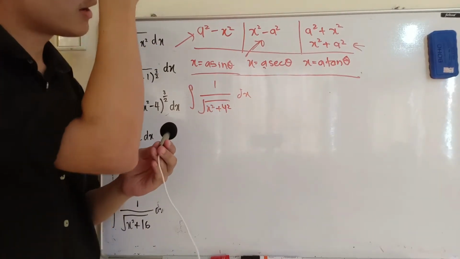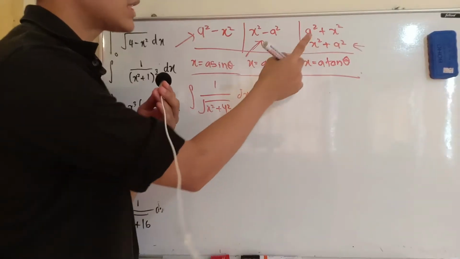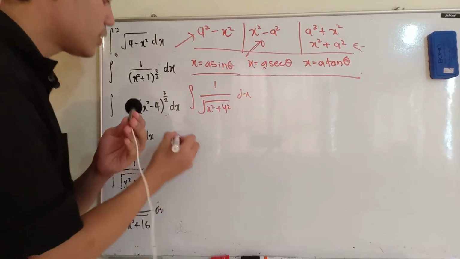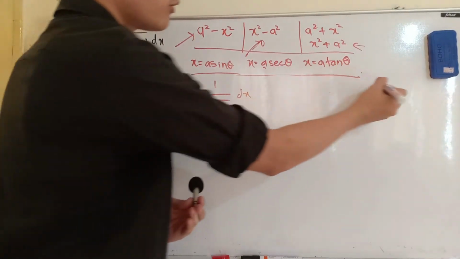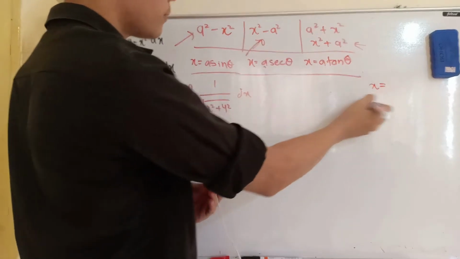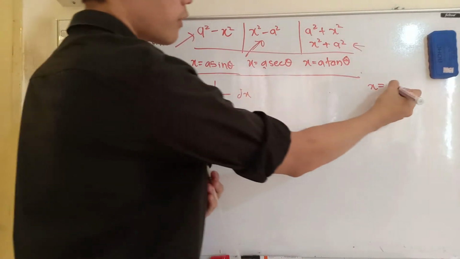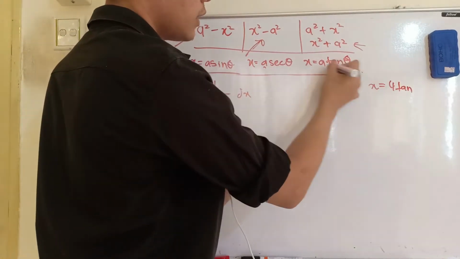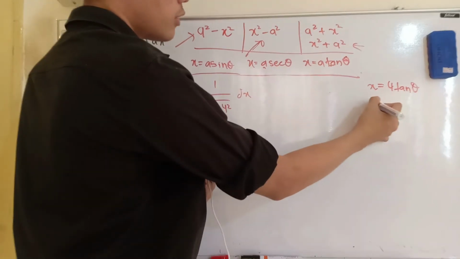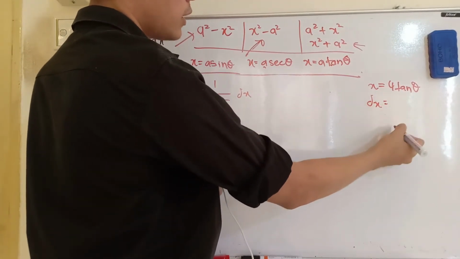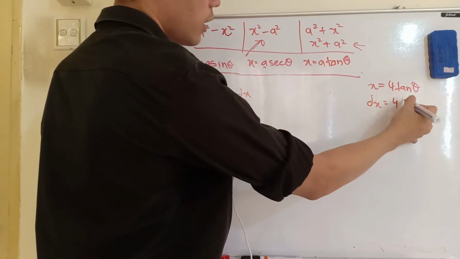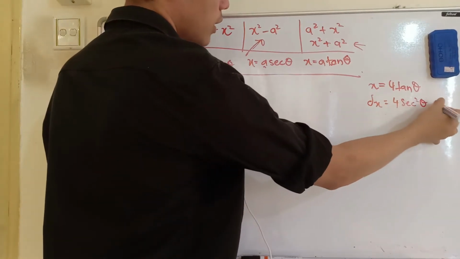Now s square plus a constant square suggests tangent. So let s equal a, which is 4, tangent theta. Differentiate it, and ds is going to be 4 secant square theta d theta.